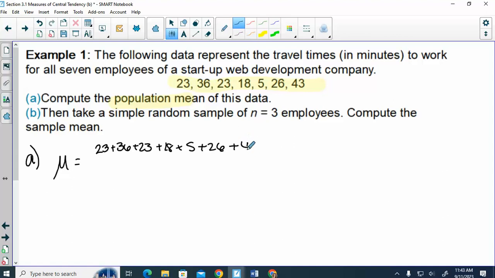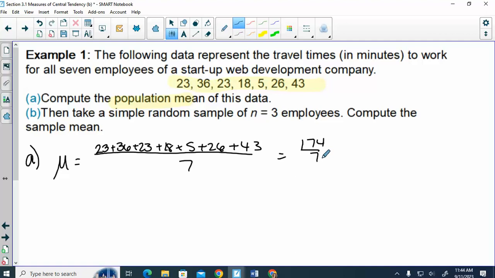And what would I divide by? 7. It is easy to have a calculation error when you're pushing buttons on the calculator.